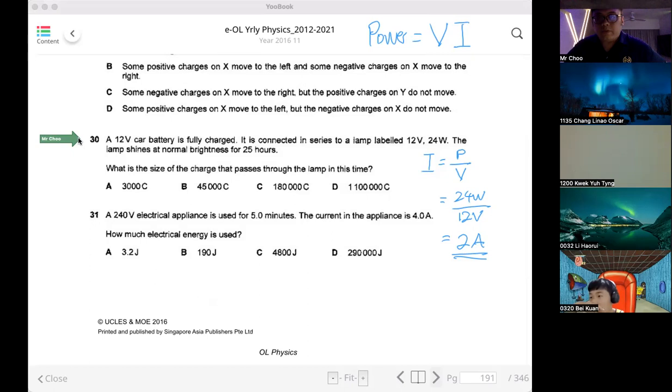Yufan asked me a very good question. When do we use P equal to V squared over R? We'll learn this in practical electricity, but I can go through with you today.